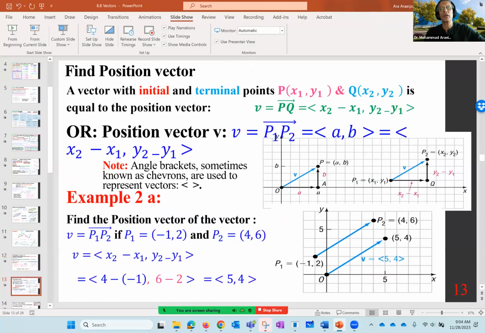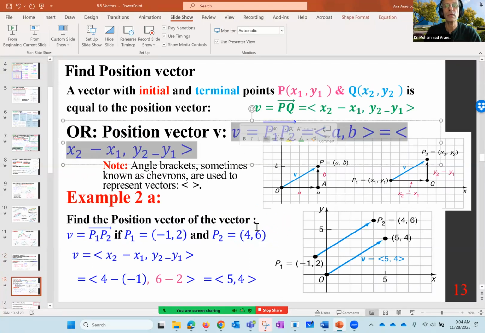So we can find the position vector simply by using this formula. If we are given the end points, the position vector has the coordinates x sub 2 minus x sub 1, y sub 2 minus y sub 1.